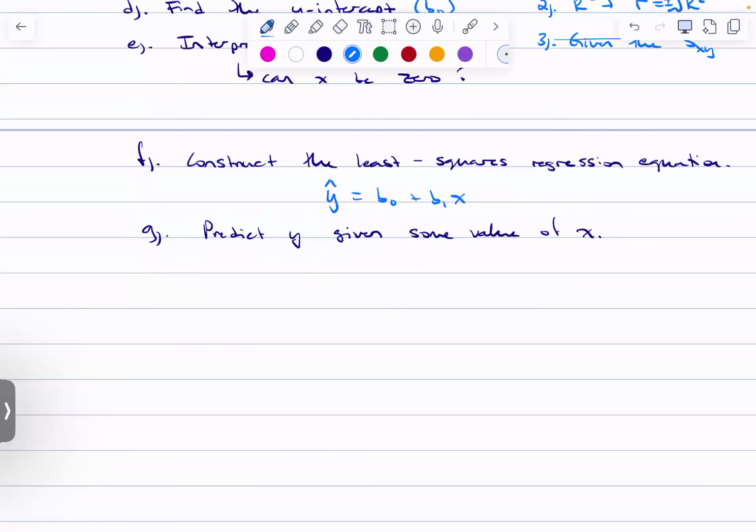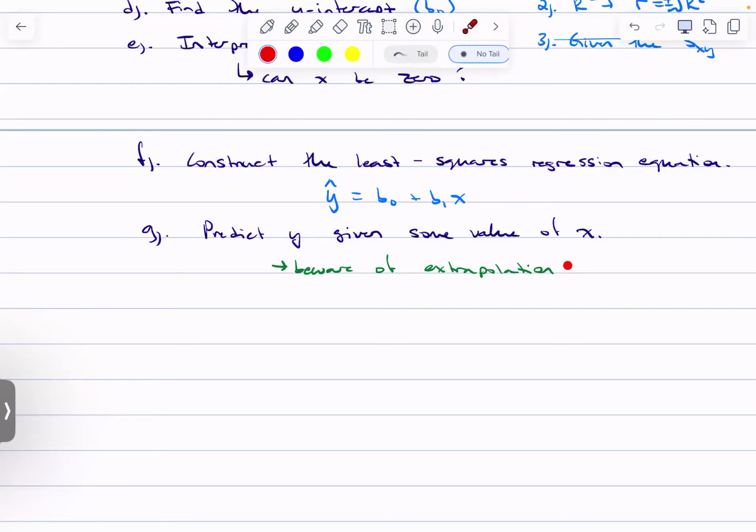And then here, I'll say, beware of extrapolation. Right? Extrapolation is when you're predicting for values or using values that are outside the values of x in your data that you've used to build your line, right?